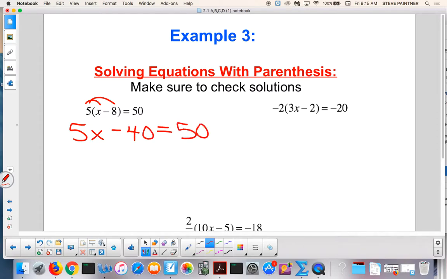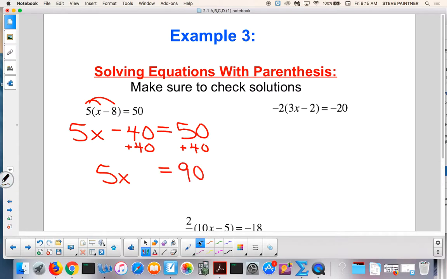Okay, I'm there. That's yesterday, by the way. This is yesterday's problem. The only new thing today was distribution. So what do you do first? Add 40. Get rid of your subtraction. Always get rid of subtraction or addition first. 5x equals what? 90.